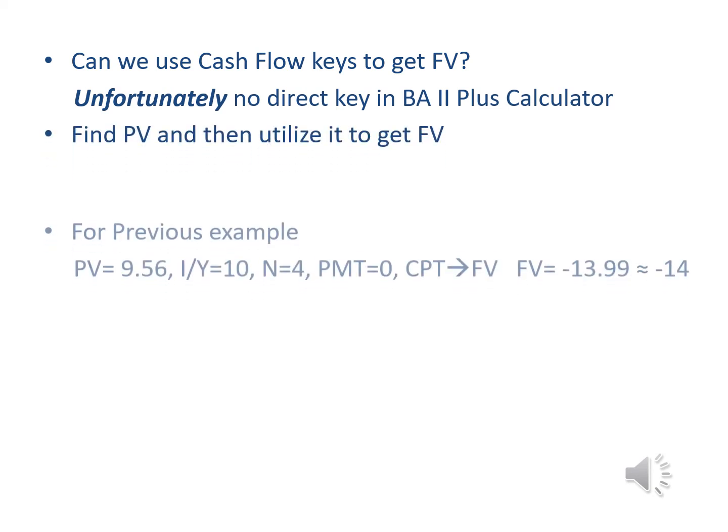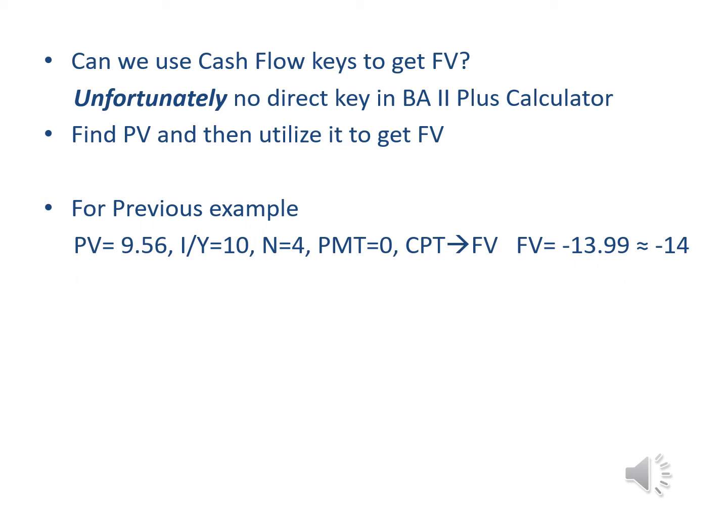So, for the previous example, PV is 9.56, I/Y is 10, N is 4, and PMT is 0. We compute FV to get negative 13.99, approximately 14.